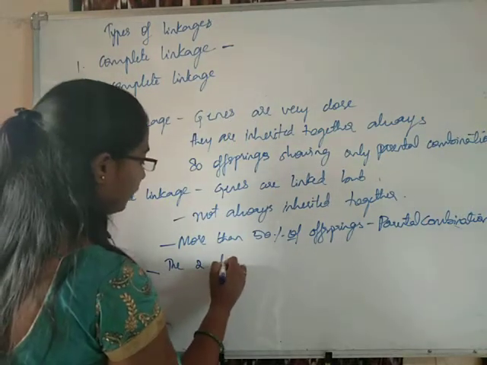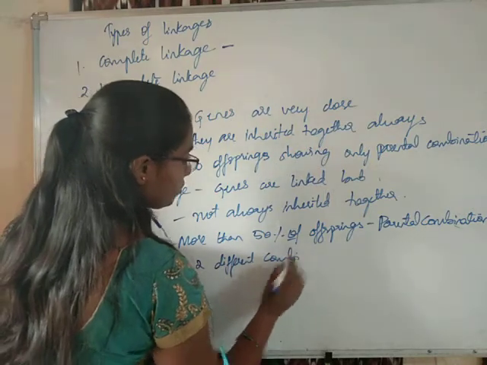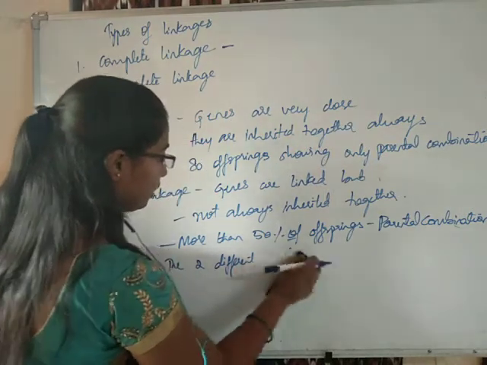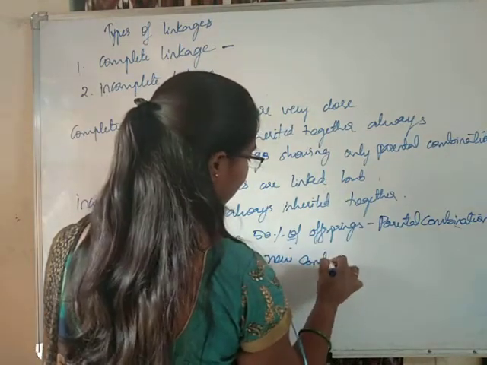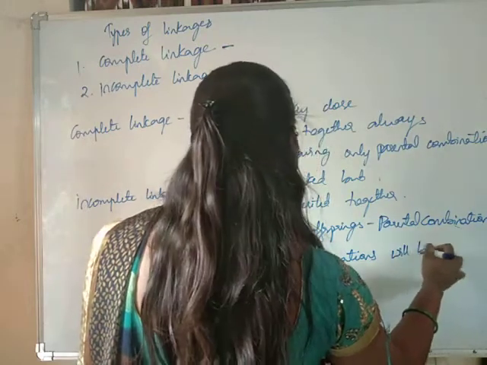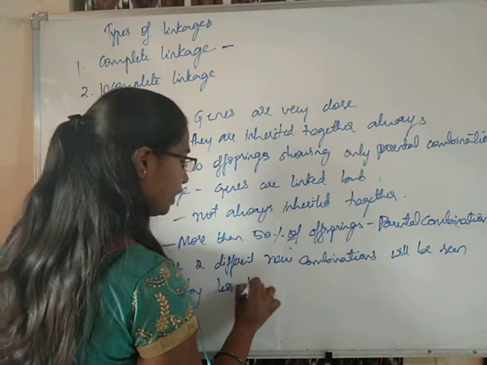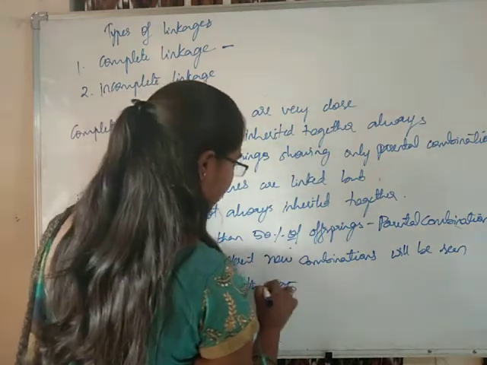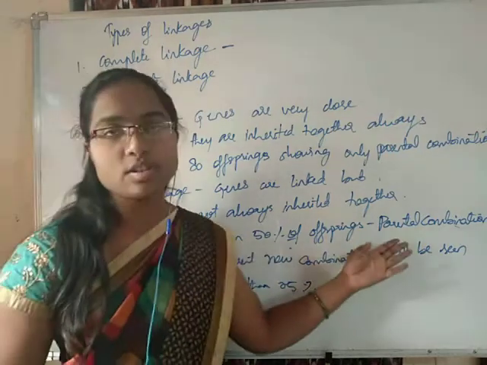The two different new combinations will be seen by less than 25%, because more than 50% is parental combinations only.